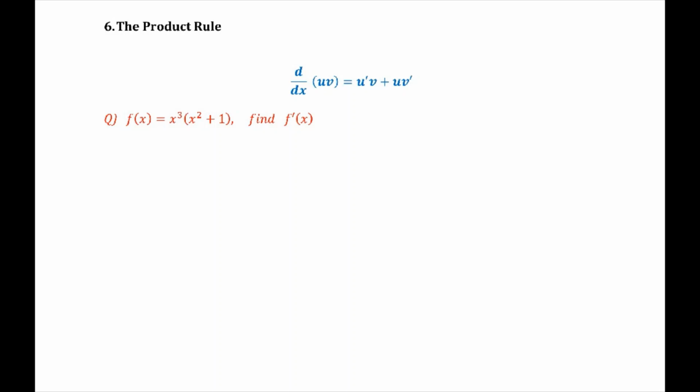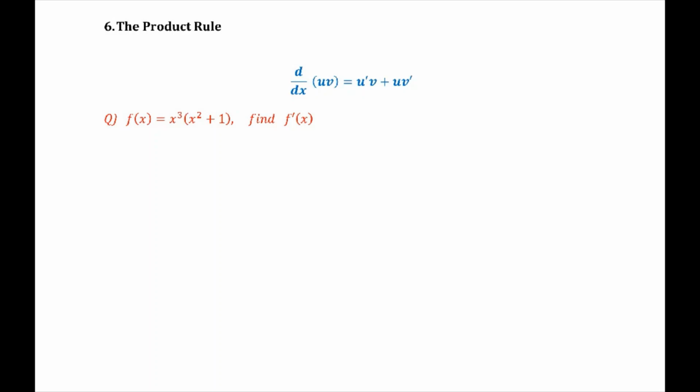Product rule. Well, the product rule, if I have two functions, it will be the derivative of the first multiplied by the second, plus the first function multiplied by the derivative of the second. So in this case here, the multiplication between x cubed and x squared plus 1. So the first function is x cubed, the second is x squared plus 1.